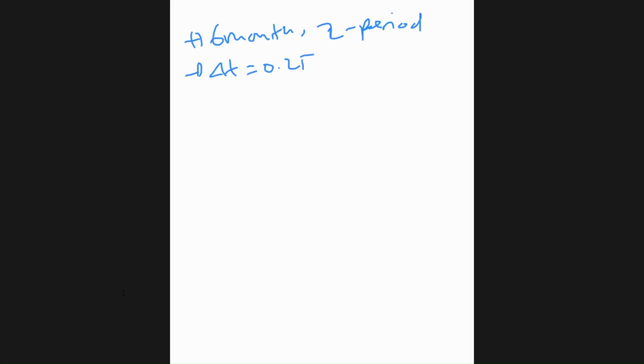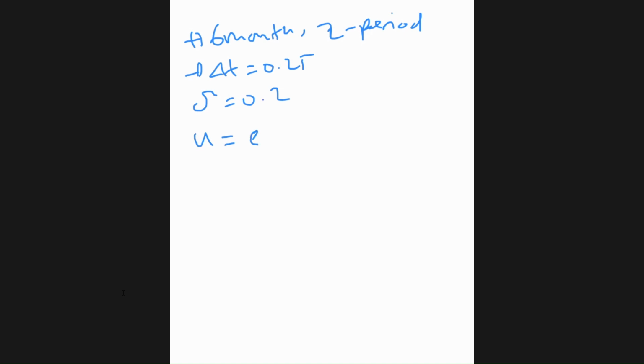Volatility, you are given it is 20%, which is 0.2. I wanted us to use this to calculate a few things.